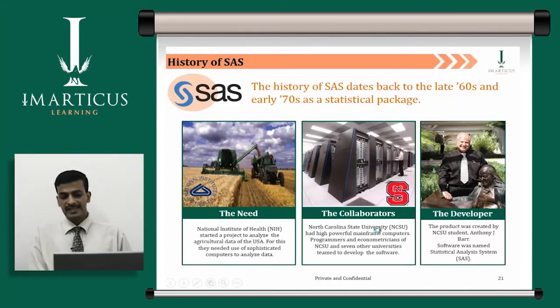North Carolina State University, that is NCSU, had powerful mainframe computers. Programmers and econometricians of NCSU and 7 other universities teamed up to develop this software. The product was created by NCSU student Anthony J. Barr. The software was named Statistical Analysis System.